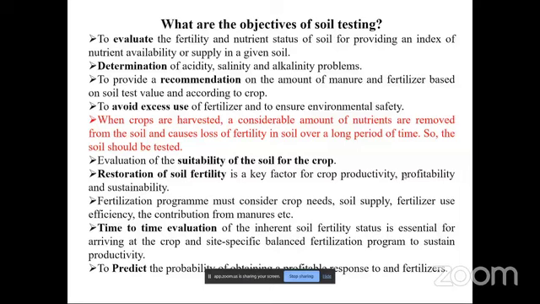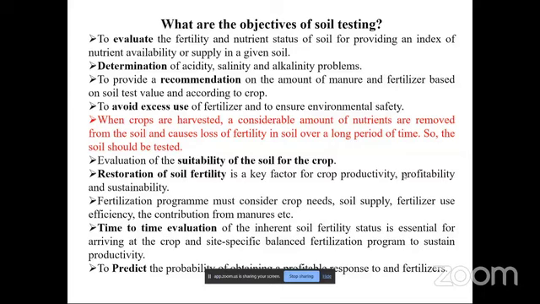As we move further, the main concept of soil testing is this: when a crop is harvested, a considerable amount of nutrients is removed from the soil. A standing crop in the field, when it is harvested, has used some amount of the nutrients present in the soil, and after harvesting the nutrients are in a deficient condition.